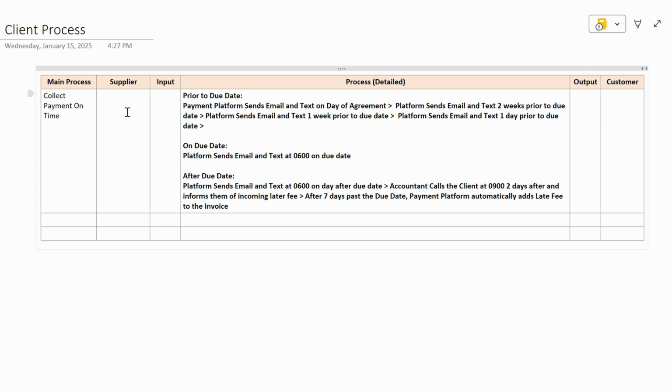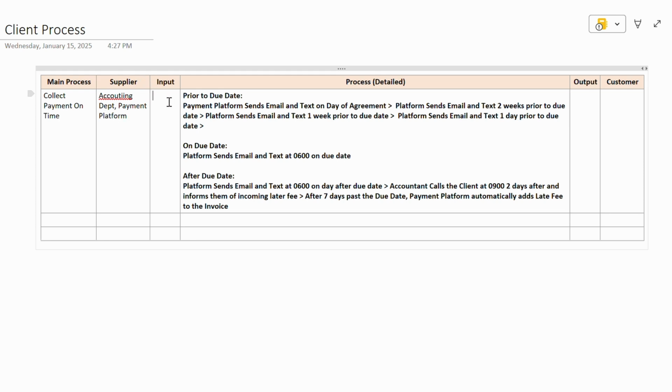How does this happen? 2 things. You need the people involved in your supplier, so that's your supplier. In this scenario, you're going to have accounting. That accounting department is going to be important for setting this up, all right? And then next, you're going to have a payment platform, whatever your invoicing system is.